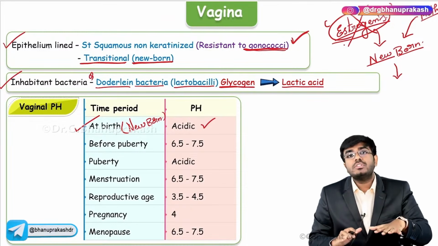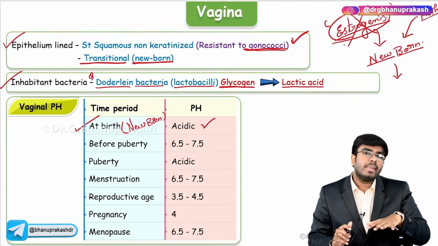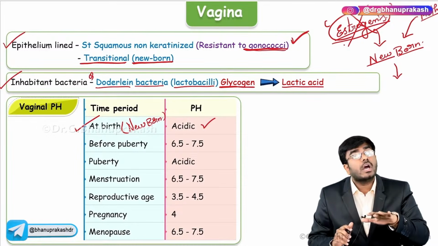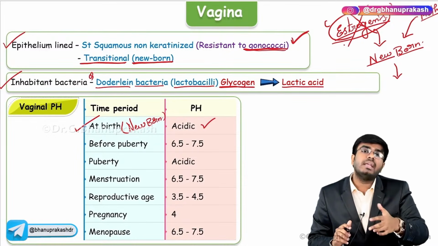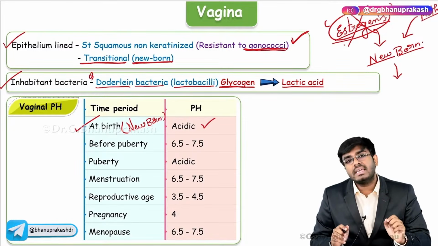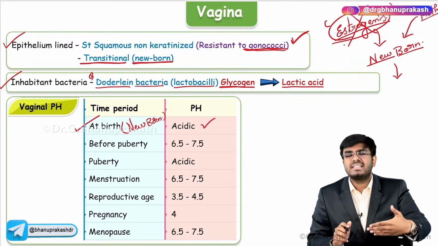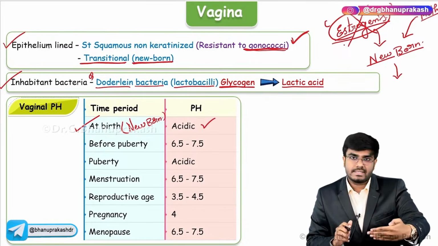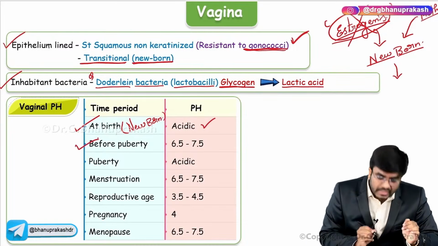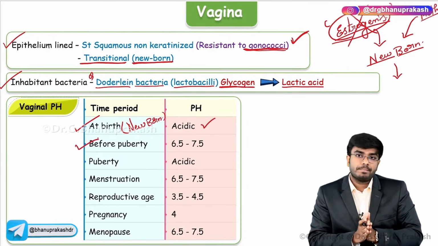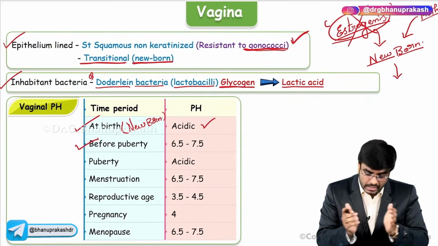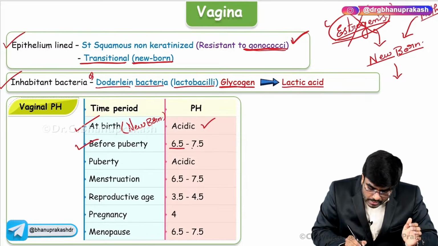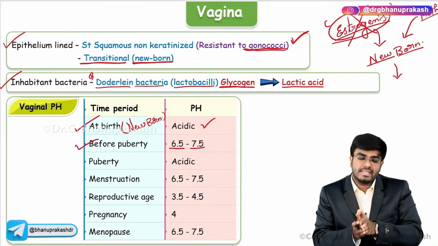Whenever there are no estrogens, can she maintain the vaginal flora? No, she cannot. So, what happens? The acidic environment will change into a basic environment, or less acidic, more towards the alkaline side. So, till attaining puberty, her vaginal environment will be more alkaline or less acidic.